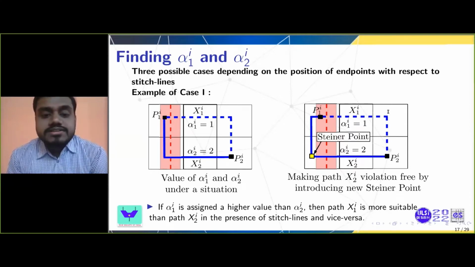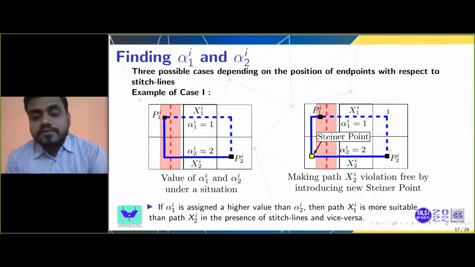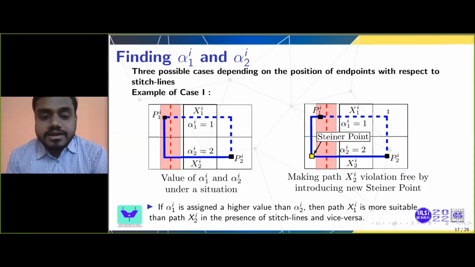As P1 is a fixed pin, we cannot remove this violation anyhow. However, if we select the candidate path x2, then no short polygon will occur at pin P1. However, we need to connect the horizontal and vertical segments of path x2 by a via in the detail routing phase, which can create a short polygon violation during detail routing.